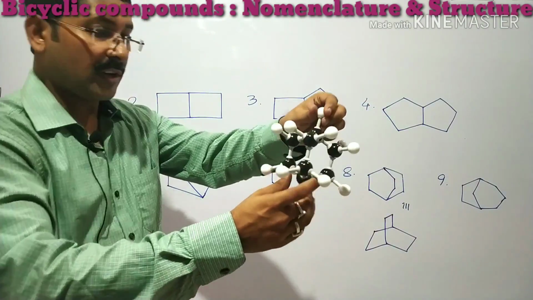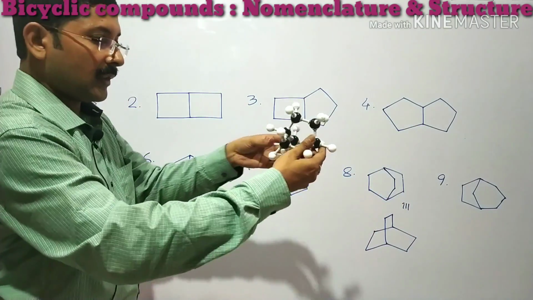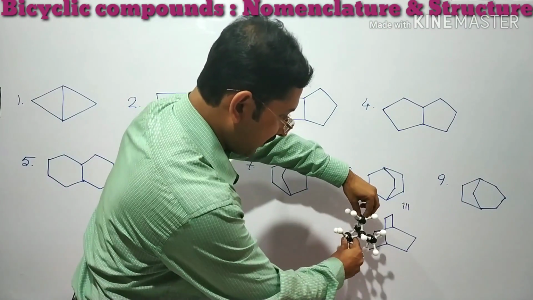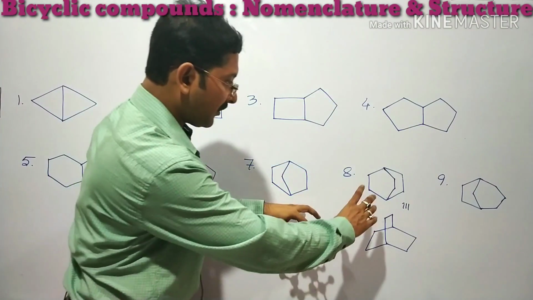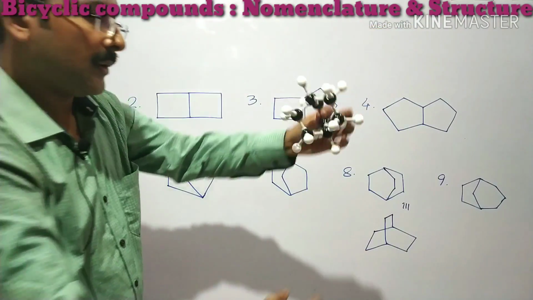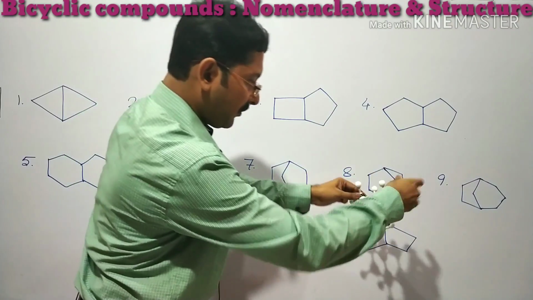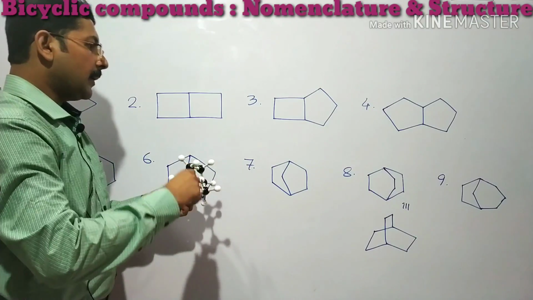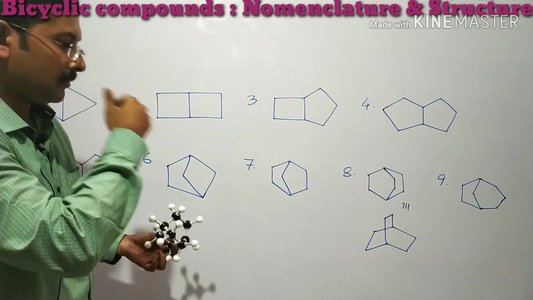If we look at this structure from this angle, you will find this. And if you look at this structure from this angle, you will find this. So this is the structure. We can write the bicyclic compound in this way because the visualization is different. It is visualized from this angle and it is visualized from this angle, this one. Okay.